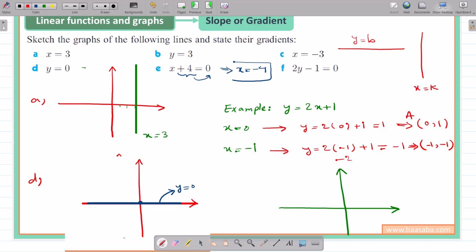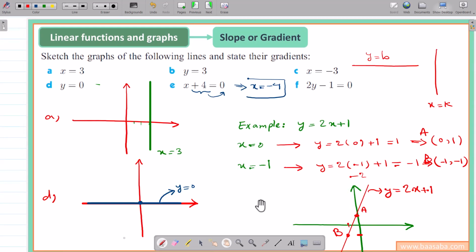I'm going to name them A and B. A is at 0 and 1. Here is A. B is at negative 1 and negative 1, which is here. Now we can draw a line that passes through A and B. This is our line, and the equation of this line is y equals 2x plus 1.